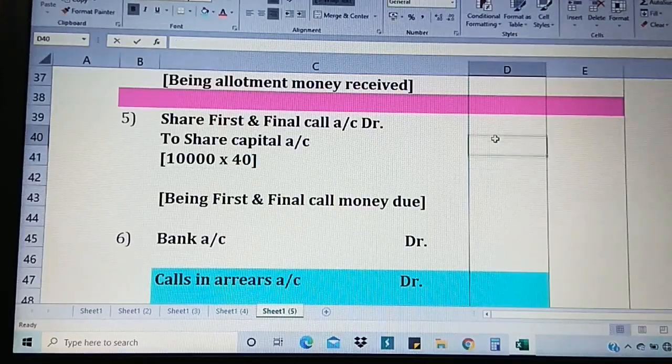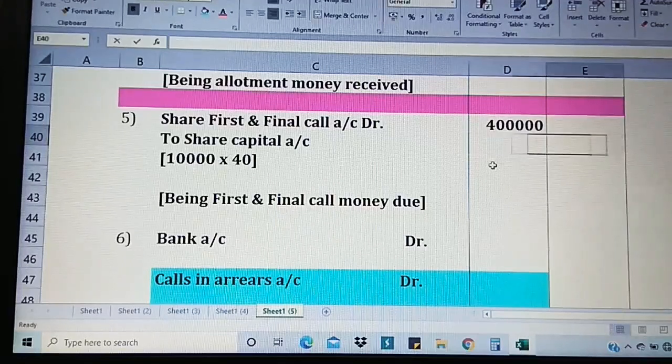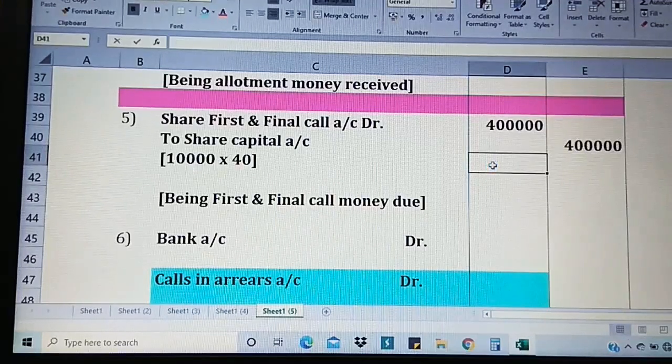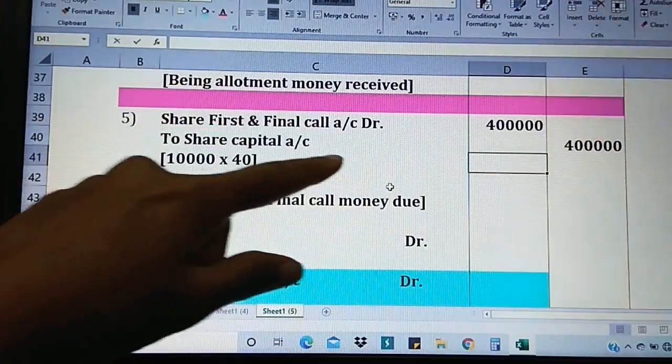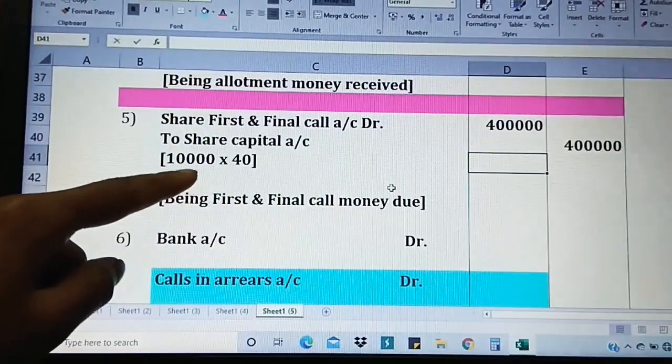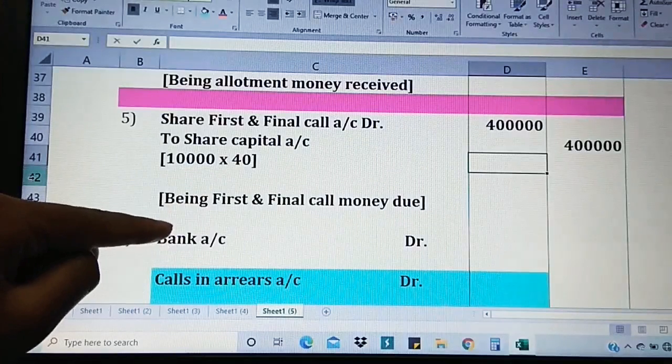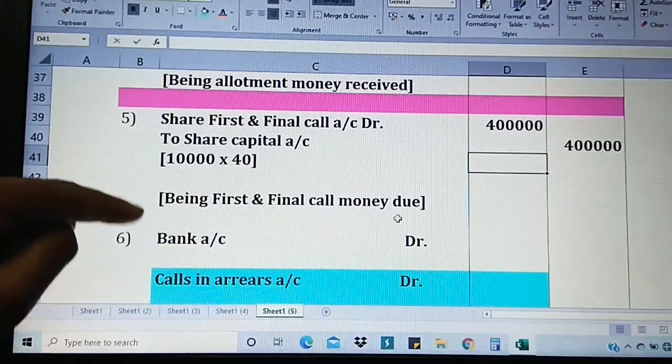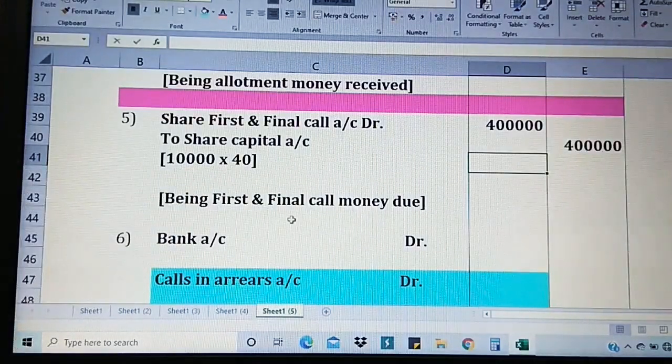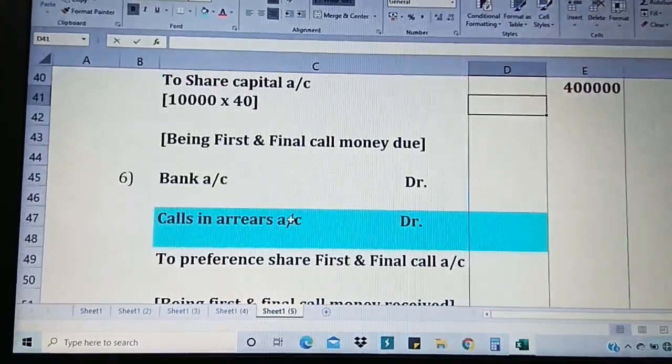There is no change in case of due entry. It will not get affected here. So it's going to be the same, 4 lakh. Share first and final call account debit to share capital account, being first and final call money due. Okay, now let us go for the next.